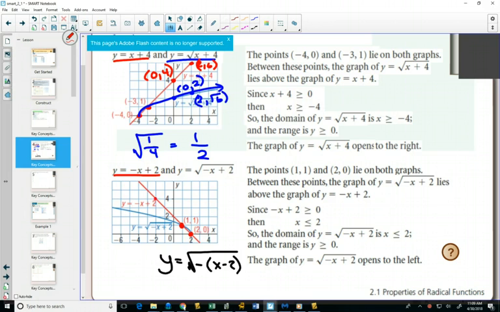Are there any other nice points on here? Well, look. Right here, it looks like I have the point negative 2, 4. So on my blue graph, I'm going to have the point negative 2, 2. Everywhere where the y values are bigger than 1 on the red graph, the blue graph will be below.